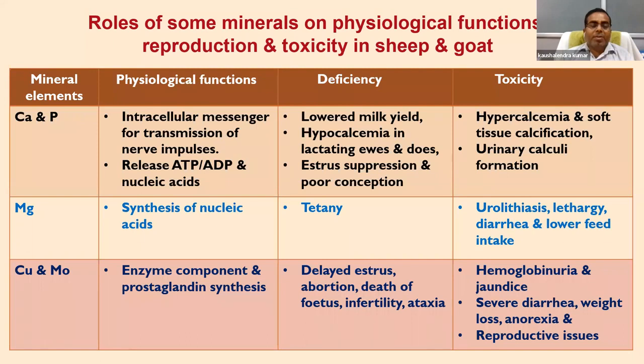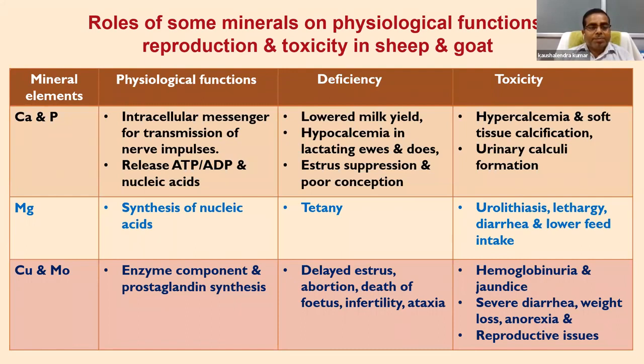It plays a very important role in synthesis of nucleic acid, and the deficiency condition of magnesium is known as tetany. And in toxicity, when there is excess magnesium in the diet, what happens? Development of urolithiasis, meaning calculi formation in the urinary tract, a lethargic condition, sometimes diarrhea may appear, and reduction in feed intake will be noticed.